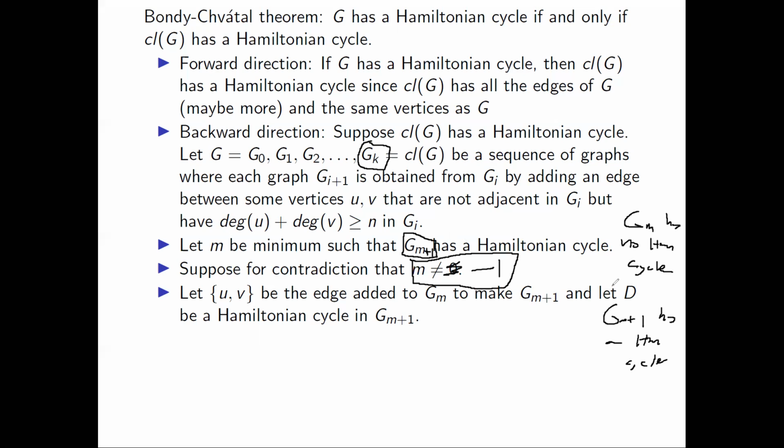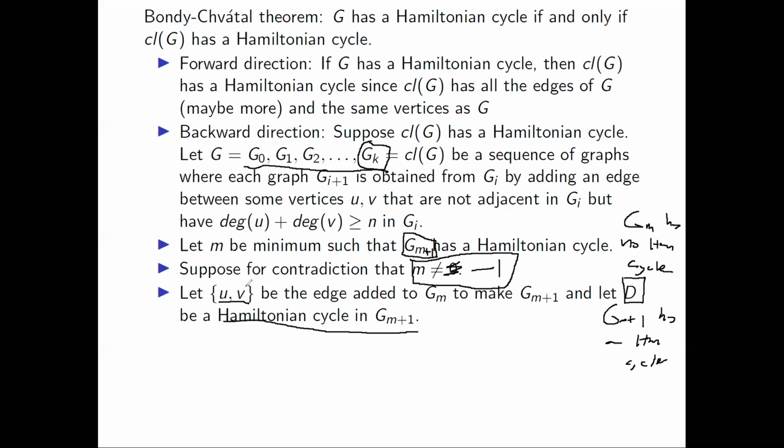And since gm plus 1 has a Hamiltonian cycle, we'll say that d is the Hamiltonian cycle in g of m plus 1. And again, we know that this edge uv exists, this edge that's added to gm to make g of m plus 1, because this is how we define the sequence here. Between every pair of consecutive graphs in the sequence, the only difference is we added an edge to gi to get gi plus 1.